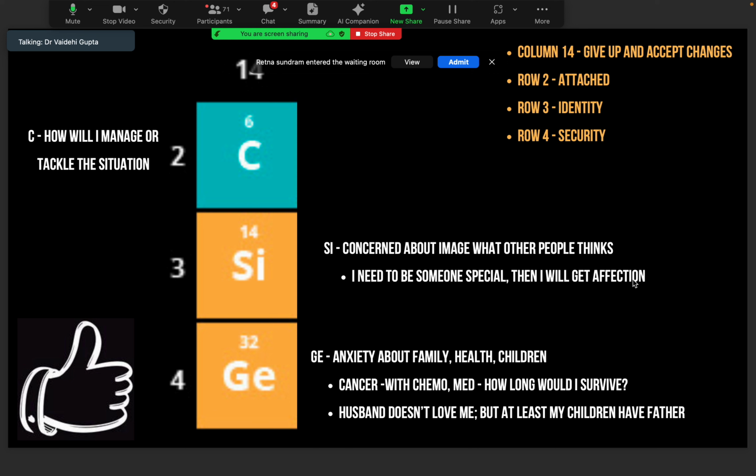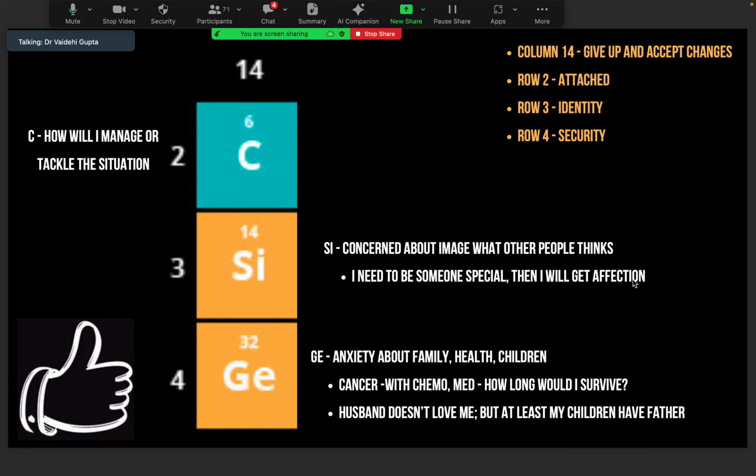I should earn lots of money, so my family will notice me. So he wants image, it's all about his image. There's a fixed idea that he has to excel in his life to get success. That's why Silicea has a fixed ego, fixed ideas.